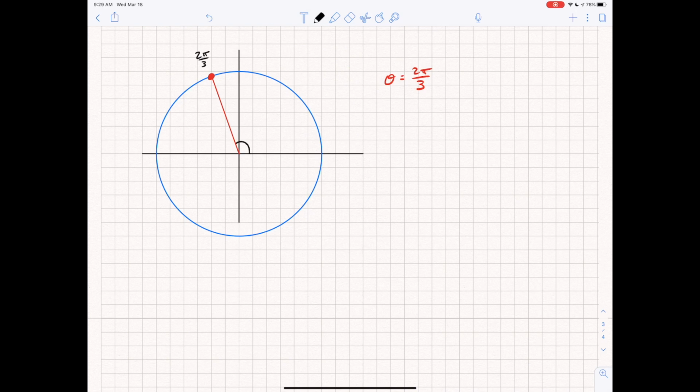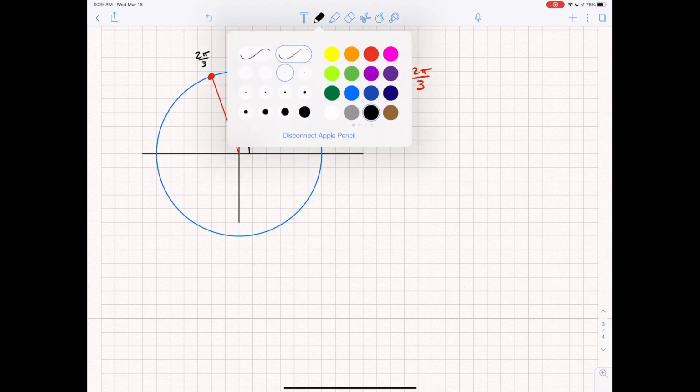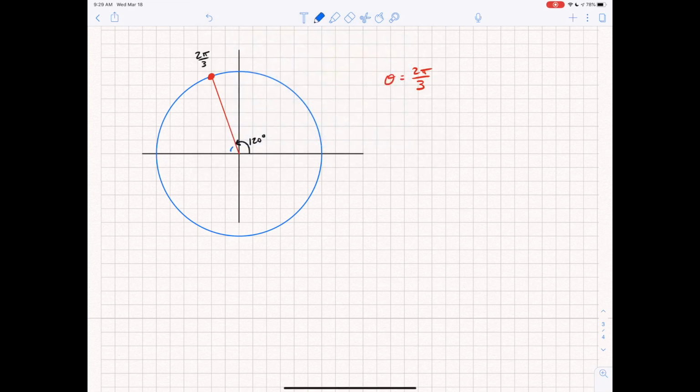As a degree measure, if you want to get this rotation, you can convert this. Feel free to convert it if you want practice. I will tell you that it is 120 degrees, which means what is my reference angle for 120 degrees? What is the angle that's less than 90 that will help me form my triangle?